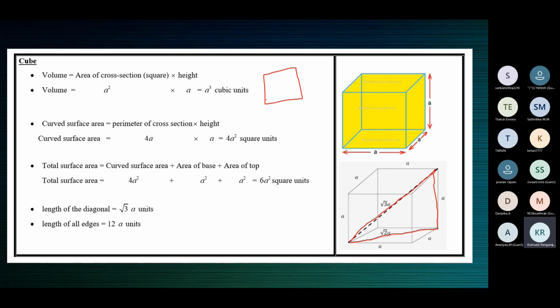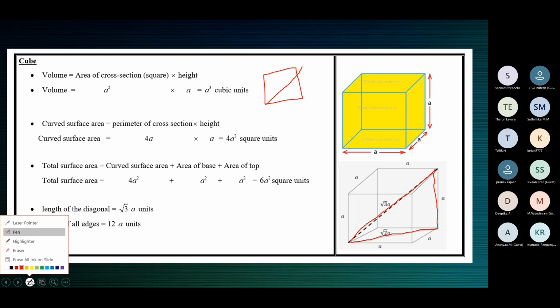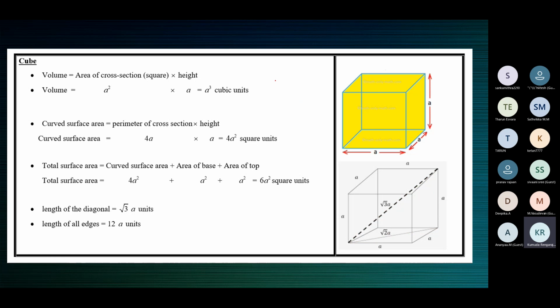The length of the diagonal of a square. Yeah. This is root 2a. So that's what you see here. The bottom face is a square. This is the diagonal, which is root 2a.